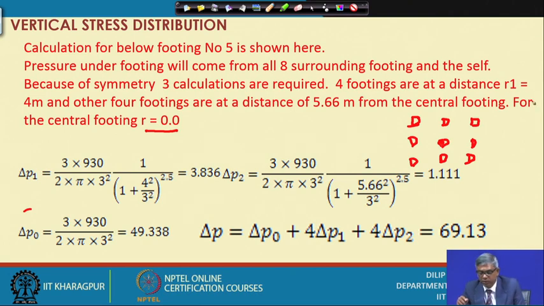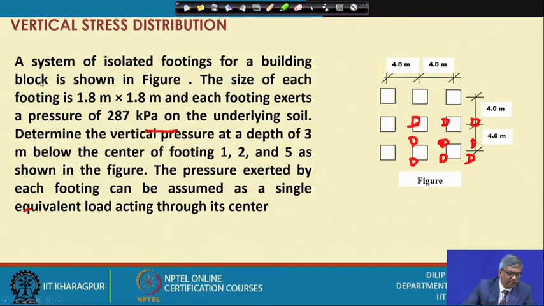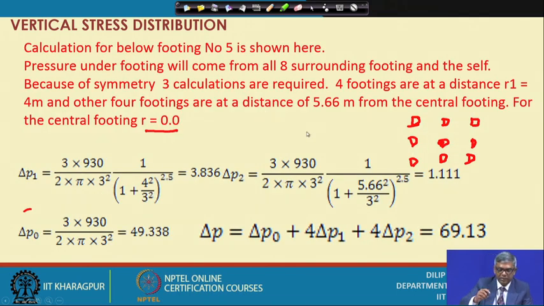The pressure intensity was 287 and the size of the footing 1.108, so the load comes approximately 930 kilonewton, and with that I will do the calculation.